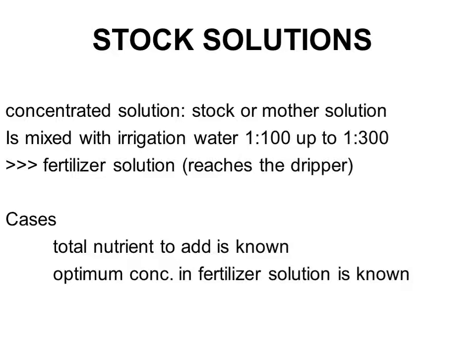Okay, let's see now how to calculate the so-called stock solutions. In the fertigation tank we will create a concentrated solution. This is called the stock or mother solution, in Spanish solución madre.